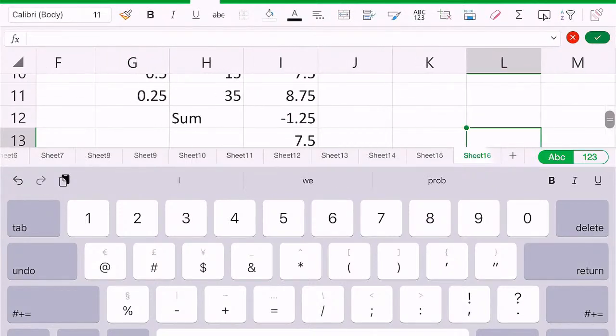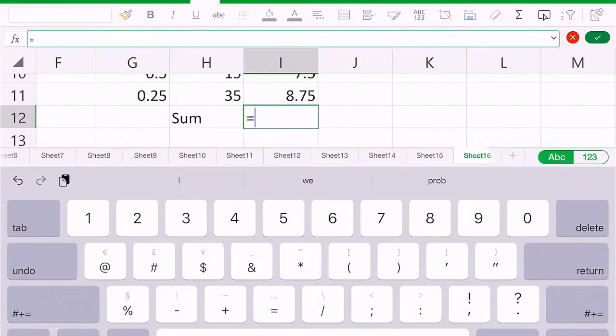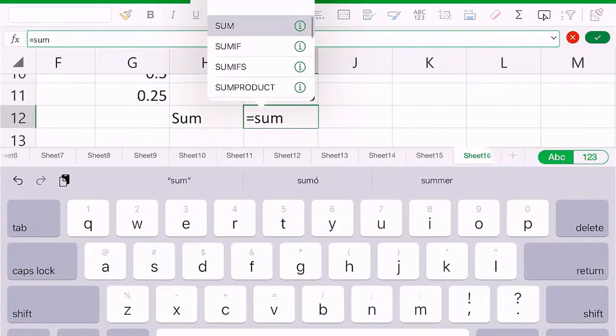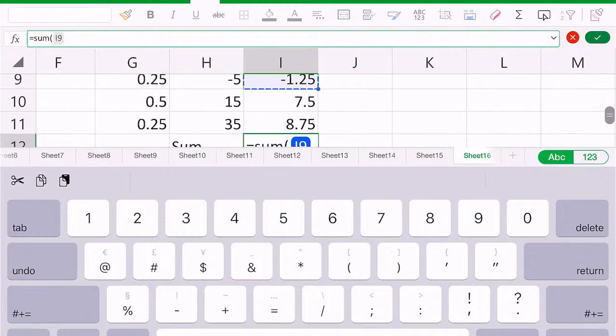Oops, what happened here? That's not what I wanted. That's better.